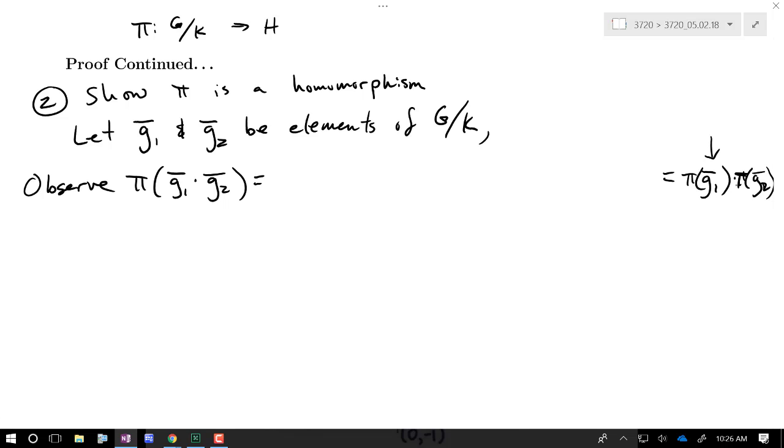Let's begin by looking at the product inside. This is an operation between cosets, the G1 coset times the G2 coset. We know that this operation is defined by taking the coset of G1 G2 bar. We can just smash the G elements together and then take that coset.